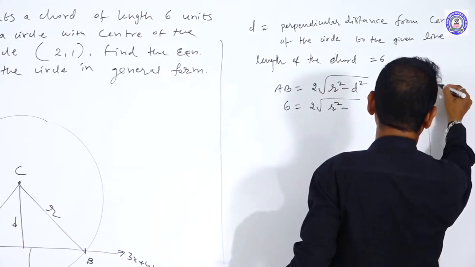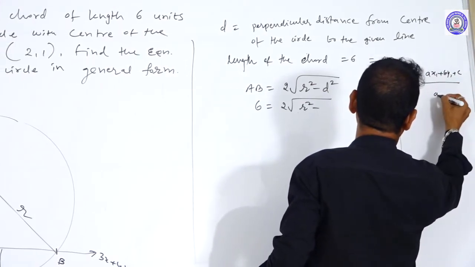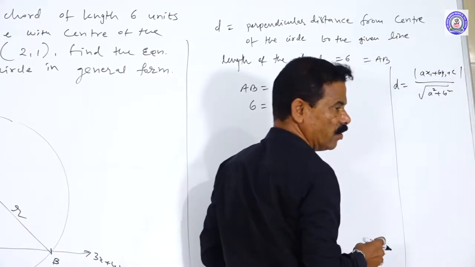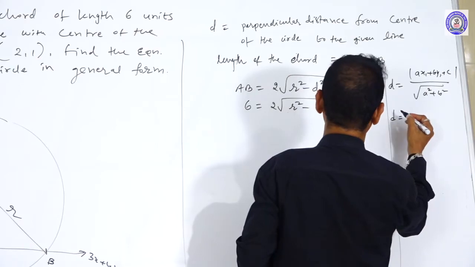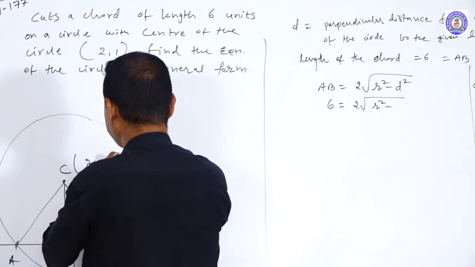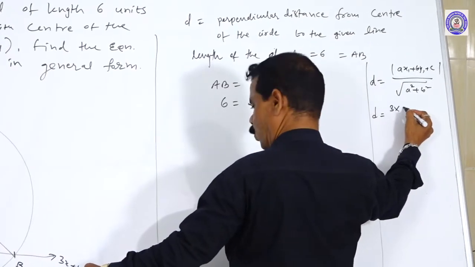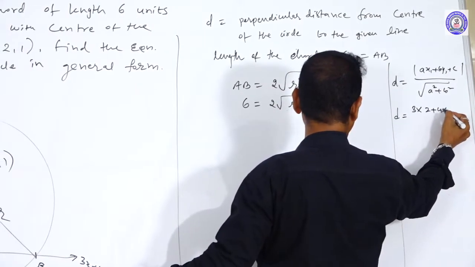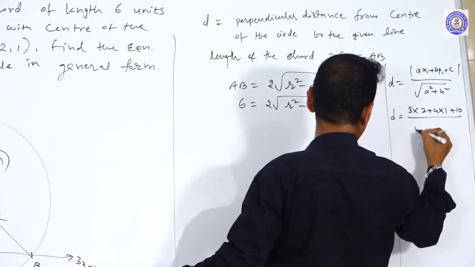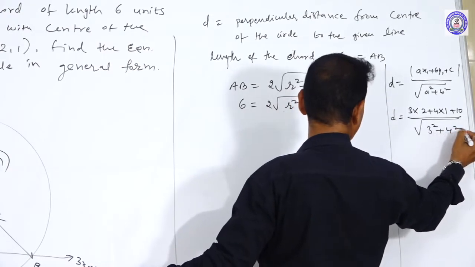D is equal to (a x1 plus b y1 plus c) by root of a square plus b square. We find this separately. This is the distance formula from the 11th standard. This point is given, (2, 1). D is equal to modulus of (3 into 2 plus 4 into 1 plus 10) by root of 3 square plus 4 square.